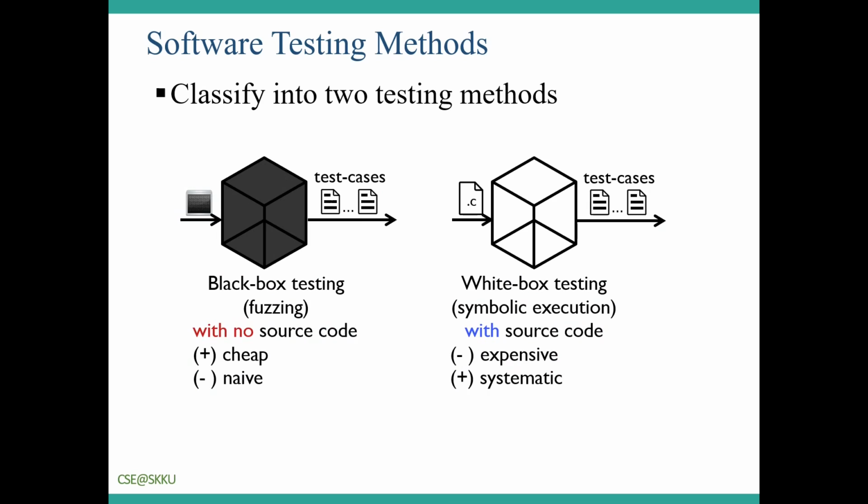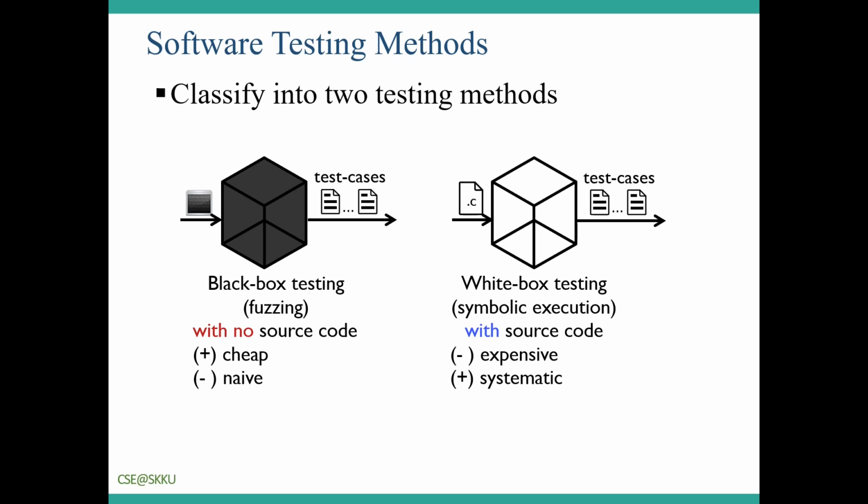Alright, now let's take a look at the software testing methods used to achieve high code coverage. At a high level, we can categorize these methods into black box and white box testing. The key difference between them lies in whether or not the source code is used during test case generation. Black box testing takes only the binary as the input. It executes the program without observing or analyzing the source code.